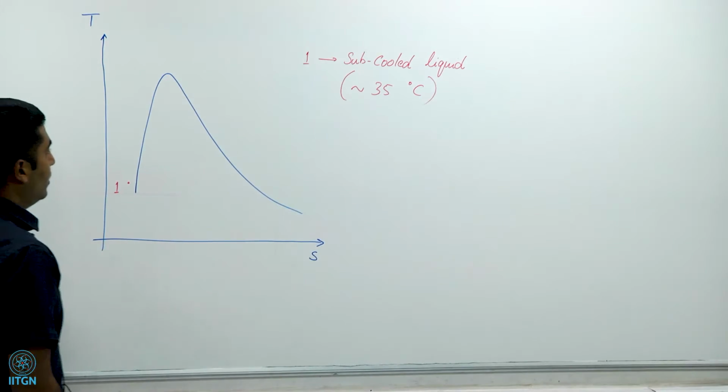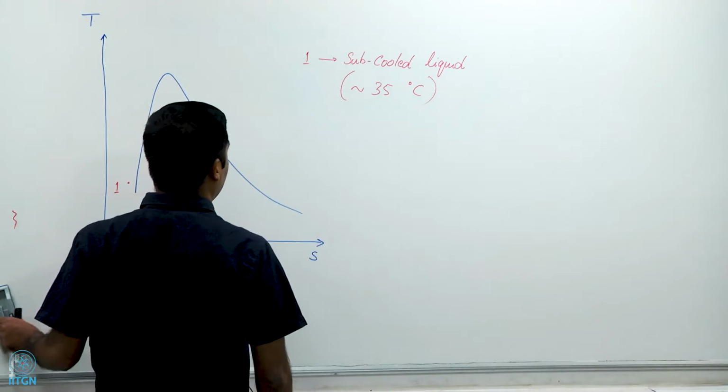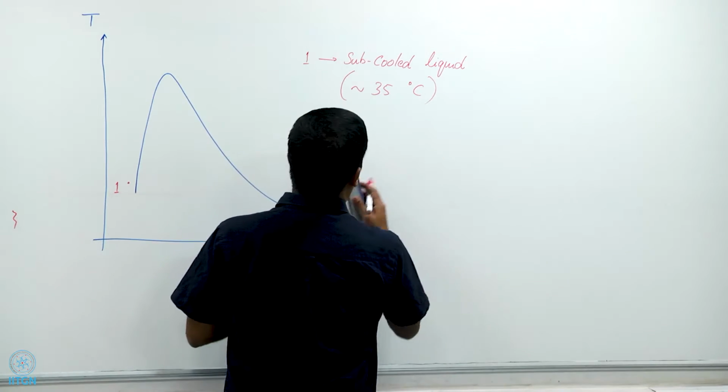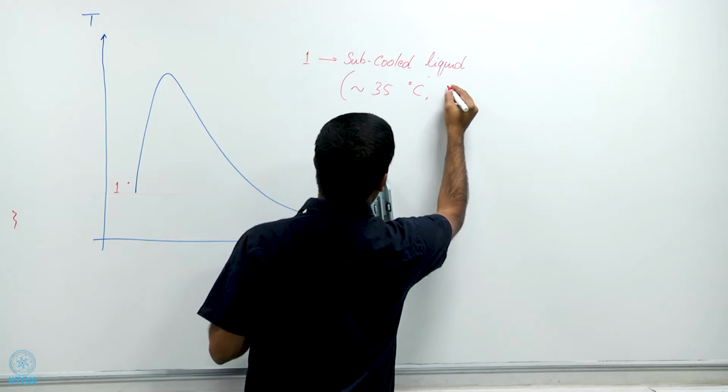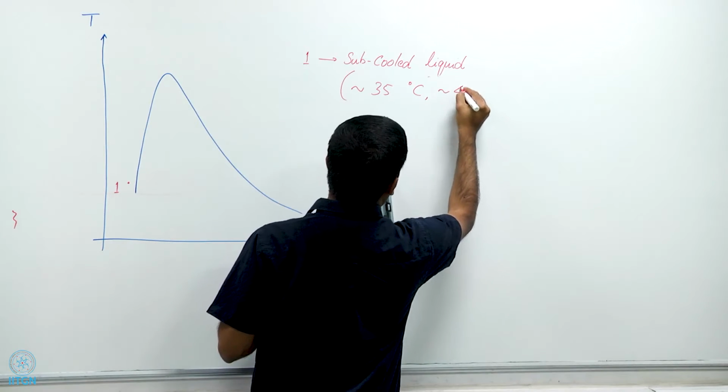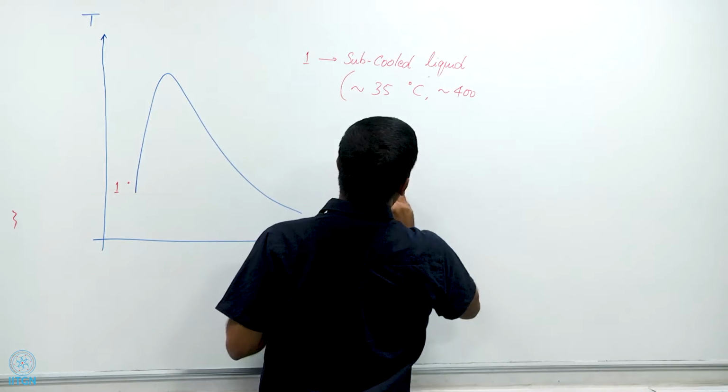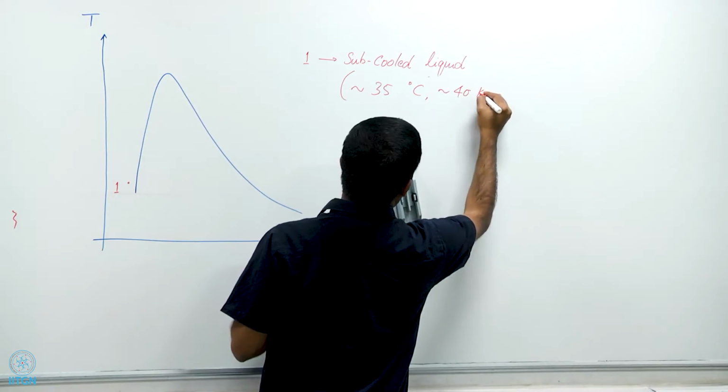And pressure is a little bit less than atmospheric pressure. So perhaps we start at 35 degrees Celsius and perhaps about 40 kilopascal.